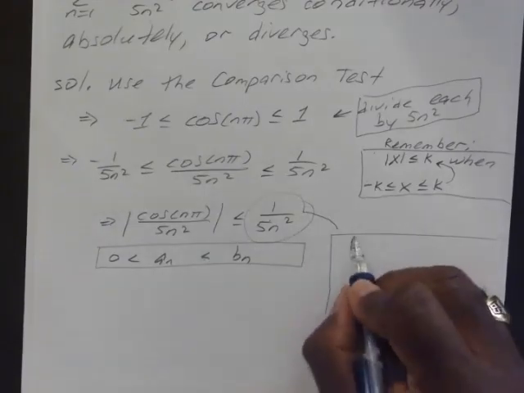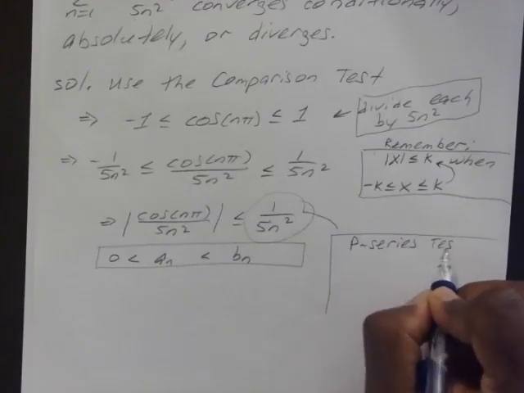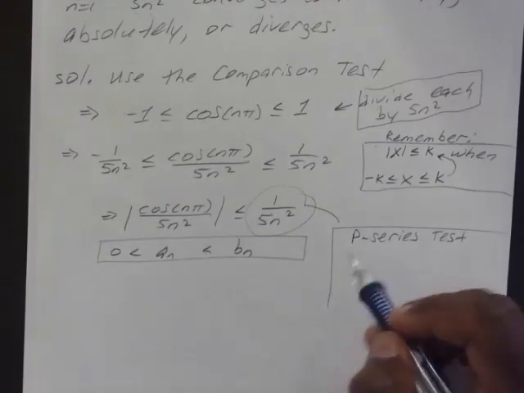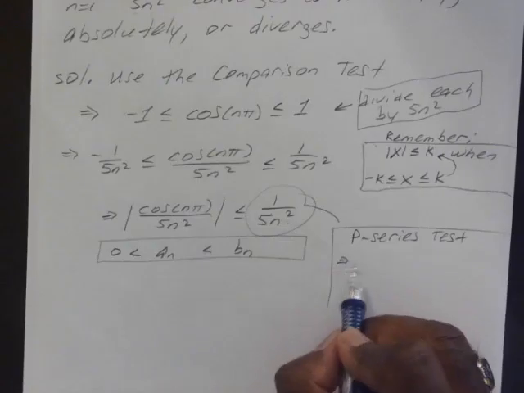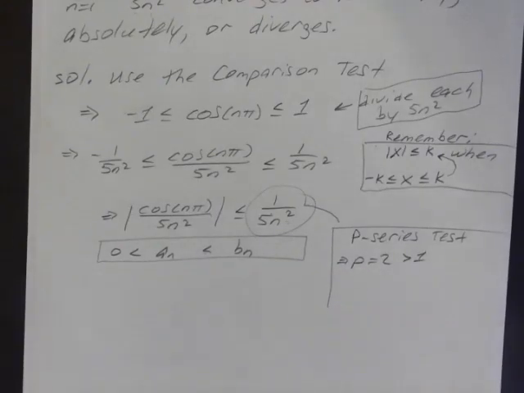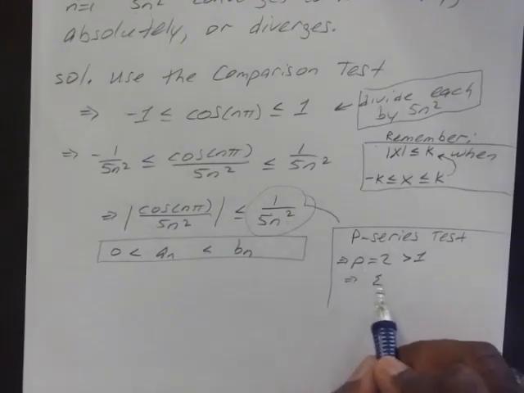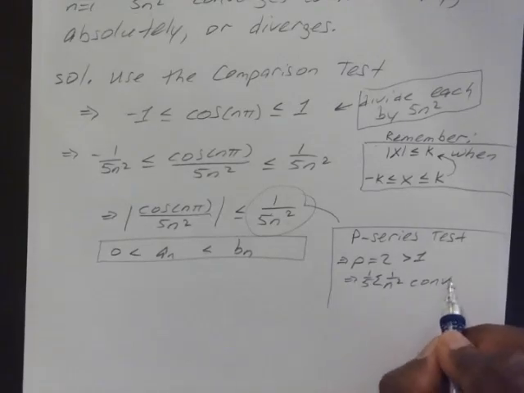With this one, we're going to use the p-series test. So we see here that our p is equal to 2, which is greater than 1. So we know that, and we can factor out that 1/5, that 1 over n squared converges.